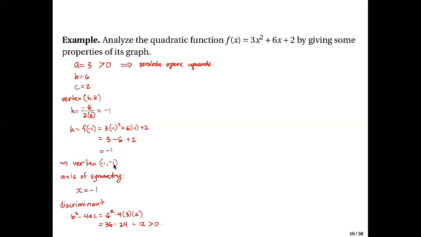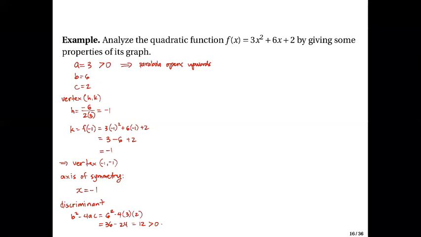Particularly, the y-coordinate of the vertex is negative 1. It's below the x-axis. But a is positive, so opening upwards, it really will cross the x-axis twice. So our computations here are consistent. Okay?